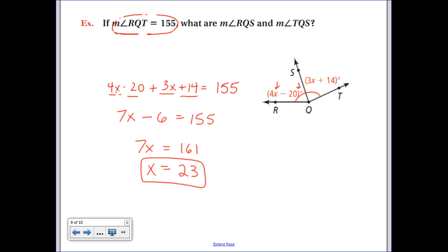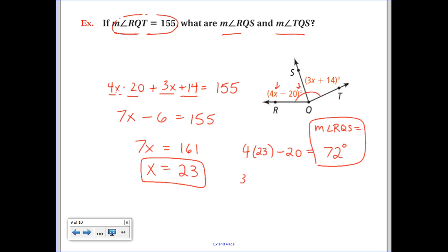It wants me to then calculate the measure of the two angles, RQS and TQS, I'm reading that in the question, by plugging in that value. So 4 times 23, 92, minus 20 is 72. This is my measure of angle RQS, and this does get degrees because it's the measure of an angle.